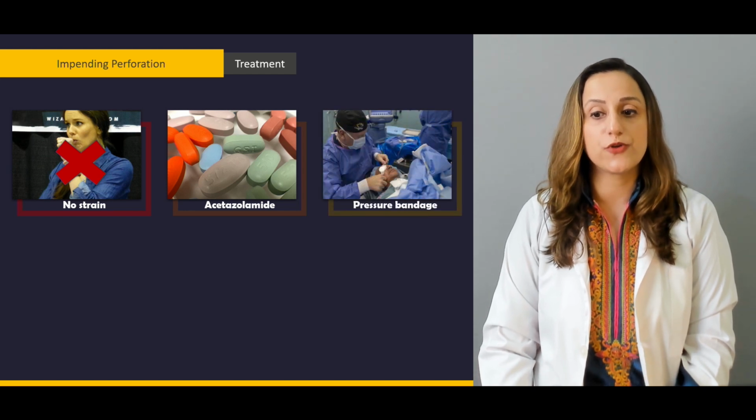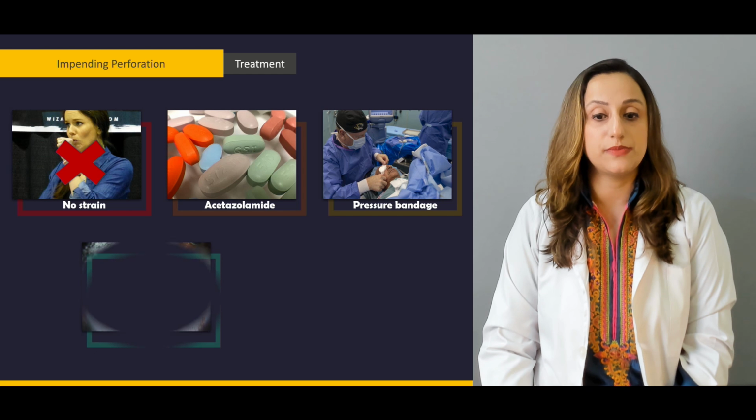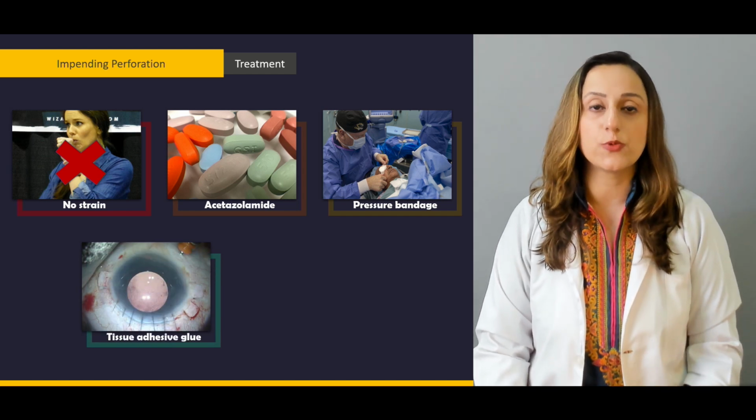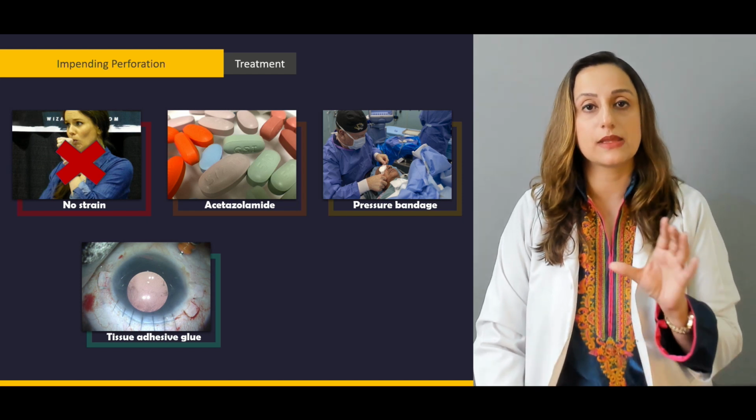If there is an impending perforation, that means you are suspecting that the patient is going to go into a perforated case, you are going to ask the patient not to strain. For example, coughing, crying, vomiting, all of these can further aggravate the situation. Acetazolamide is one of the drugs of choice over here, and you are going to apply pressure bandages, as well as tissue adhesive glues wherever you see corneal ulceration.